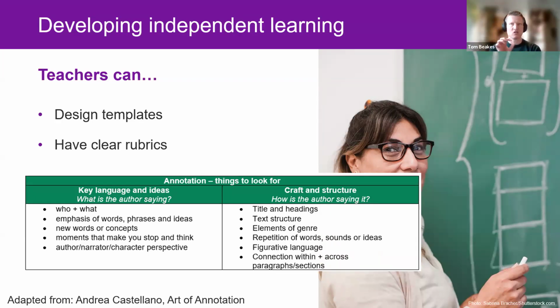And obviously these categories are appropriate for an English language class or an English literature class, but they could be adapted and changed for different subjects. The other important thing about rubrics is they can be translated.